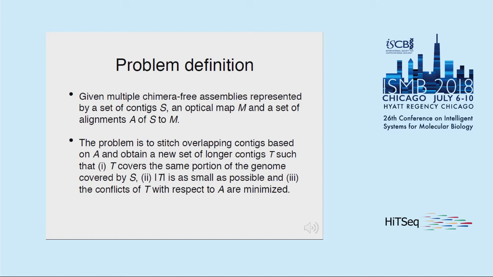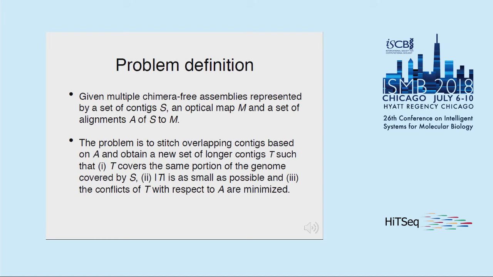This optimization problem has 2 difficulties. The first one is that this is a multi-objective optimization, which is hard to solve. The second one is that the conflicts mentioned here are very hard to quantify.